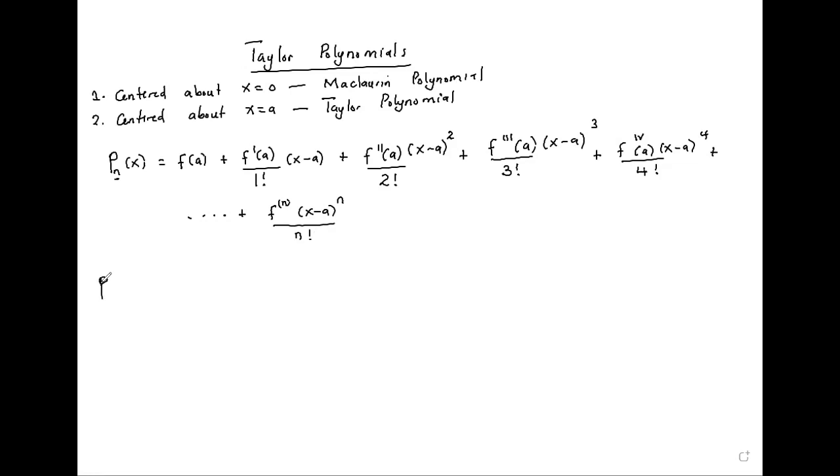Then the Maclaurin should appear in this form: f of 0 plus f prime of 0 times x minus 0, which is just x, plus f double prime of 0 times x squared over 2 factorial, plus f triple prime of 0 times x cubed over 3 factorial. So it will keep going like that.